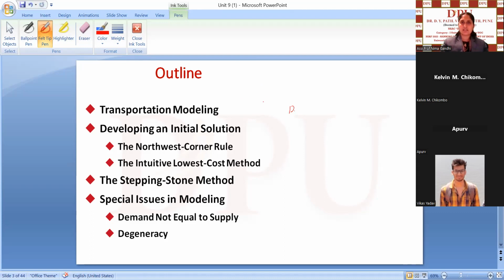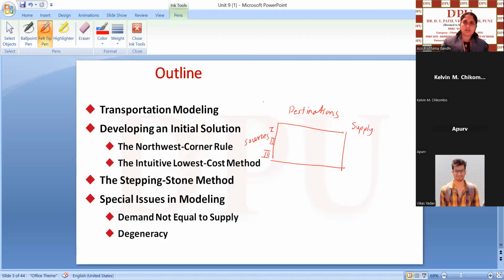You have the destinations and you have the sources. Let's say there are three sources: source 1, source 2, and source 3. Then supply.